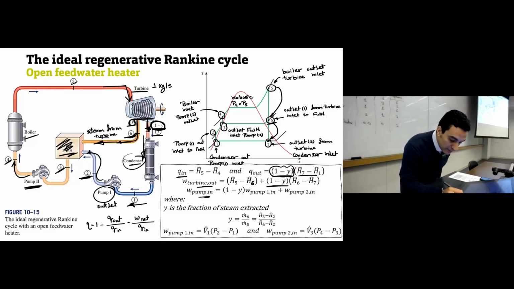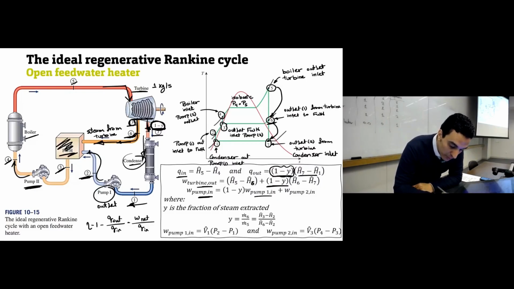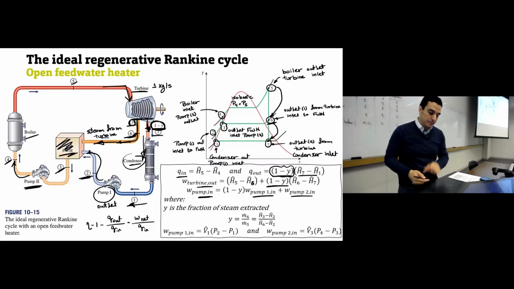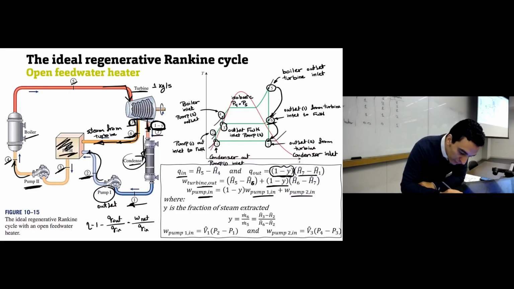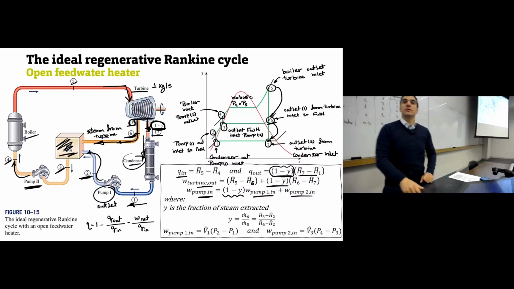For the pump, or the amount of work added to the working fluid, we have two parts here. We have pump number 1 and pump number 2. For pump number 2, all the fluid will go to pump number 2. But for pump number 1, only 1 minus y of the working fluid will go to this pump.